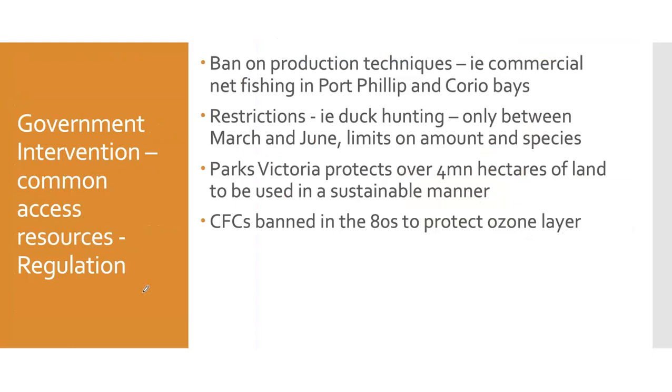So what are some of the government interventions on common access resources? It often comes down to regulation, so putting some rules around it. So for example, there are fishing laws. There are restrictions on duck hunting. We have Parks Victoria that puts restrictions on what can be used in our environment.